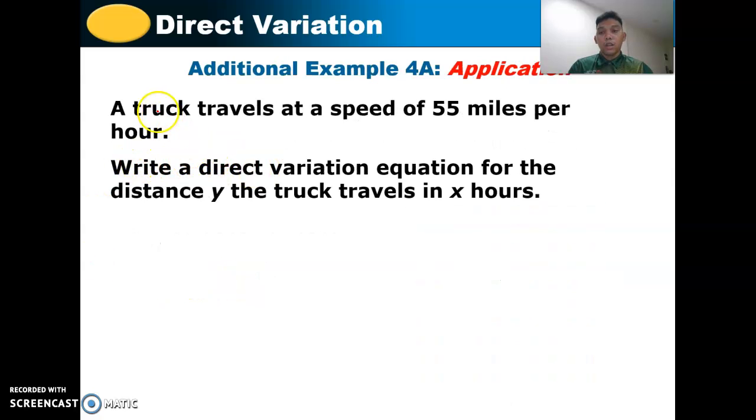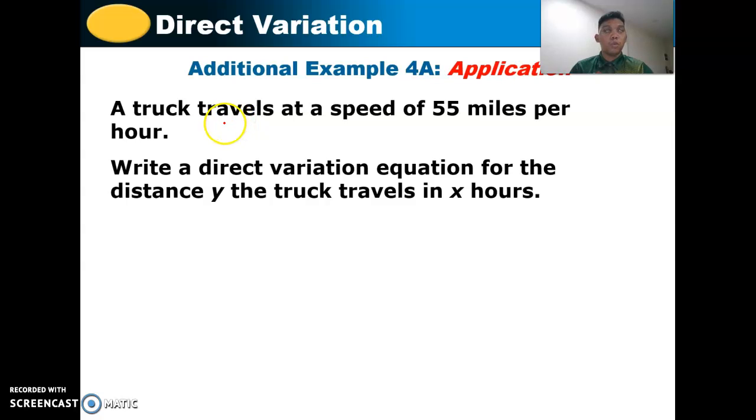Now let's try this one. A truck travels at a speed of 55 miles per hour. Write the direct variation equation for the distance y the truck travels in x hours. Of course, we can define the relationship between the distance traveled and the speed of the truck, right?